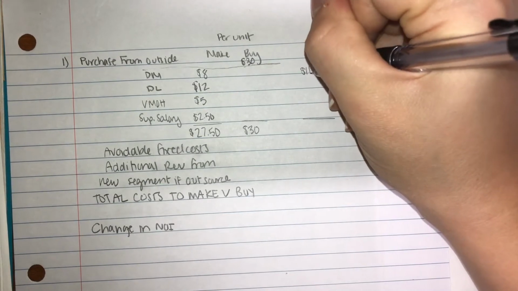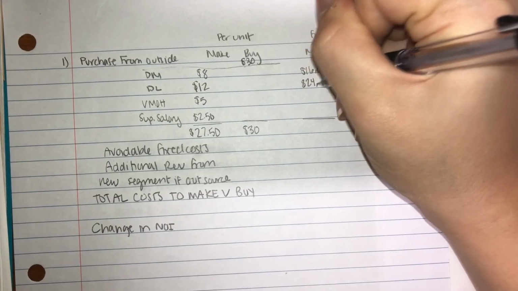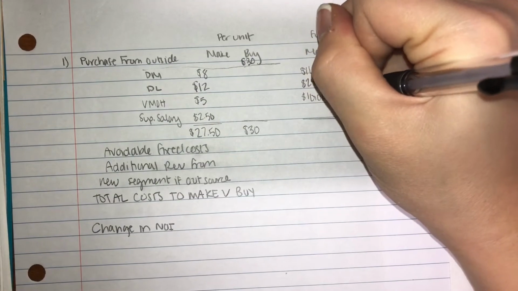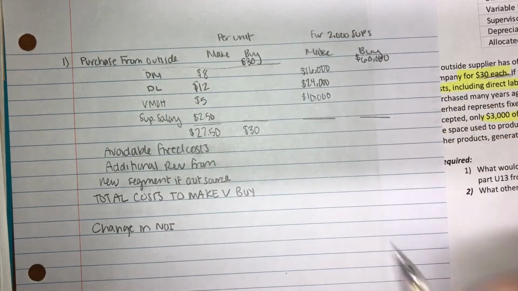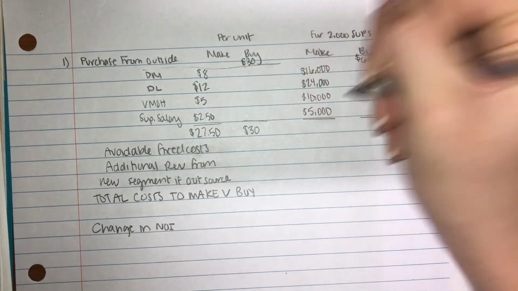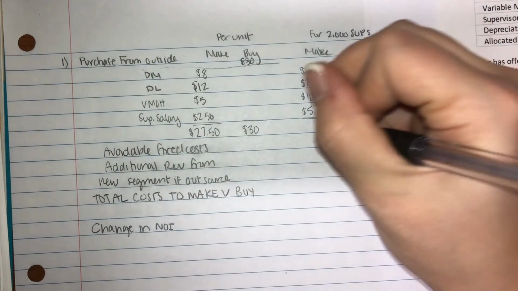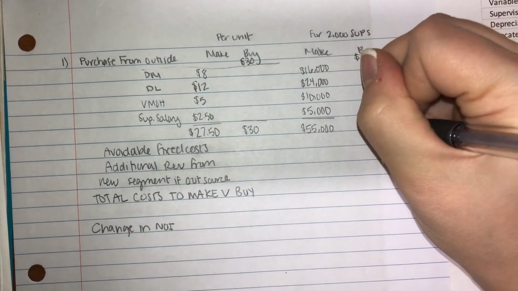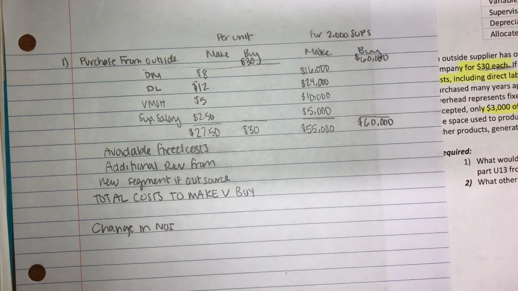The make would be $16,000 for direct materials, $24,000 for direct labor, $10,000 for variable manufacturing overhead, and just like I said, I'm just multiplying each number by 2,000. And then $5,000 down here, so that's 250 times 2,000 equals $5,000. If I add all these up, I get $55,000 on this side, and if I buy it, I'd have to pay $60,000.